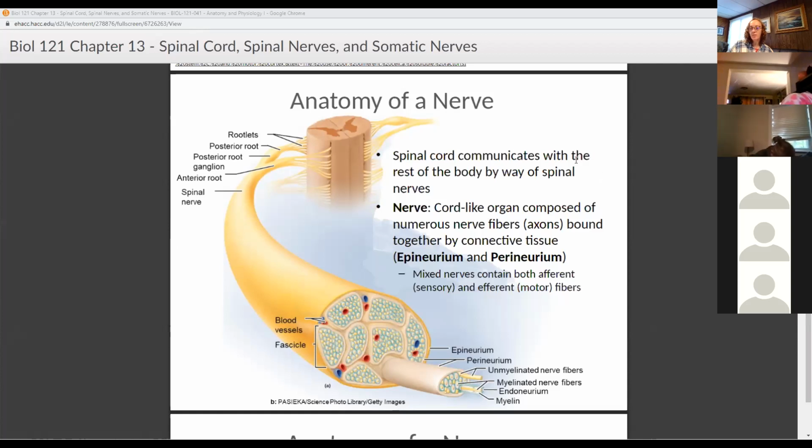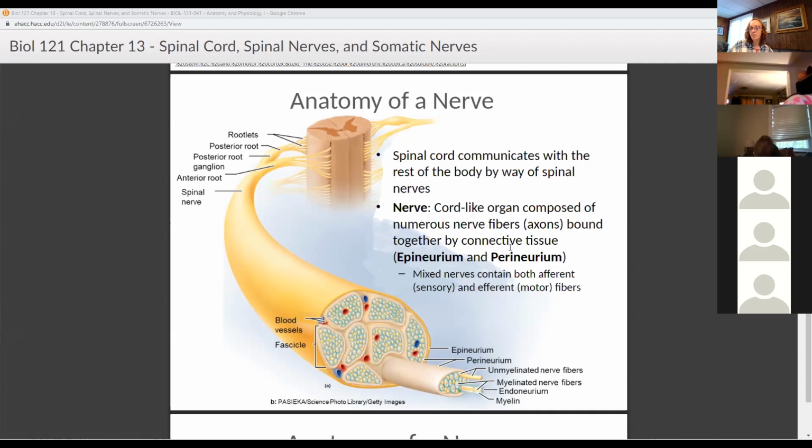The spinothalamic tract is going to be involved in sensory information in the anterior and lateral funiculi. In the posterior funiculi, we have the gracilis fasciculus and cuneate fasciculus that are going to be involved in sensory information back there.